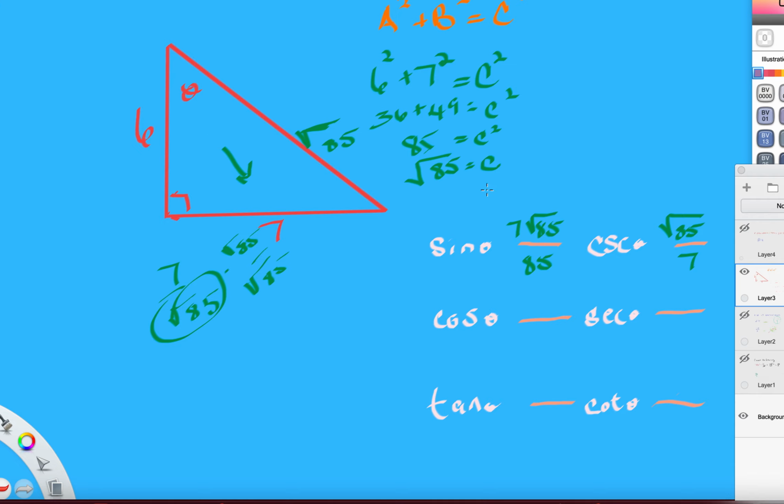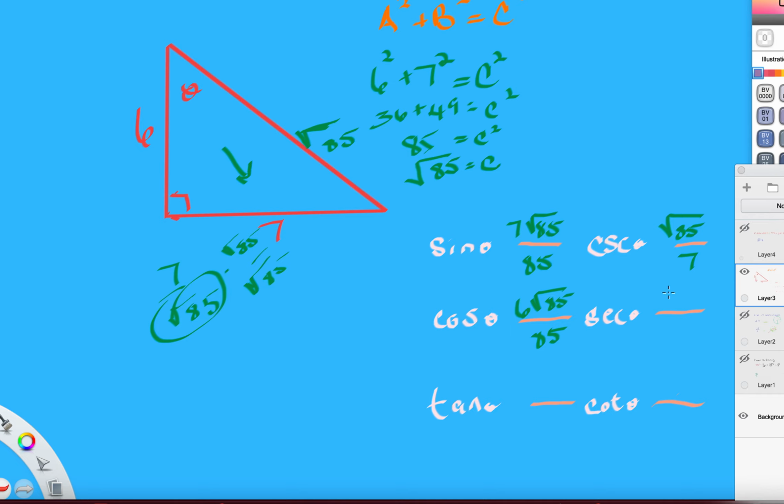Now, my adjacent side is 6, so I'm going to just write this just as I wrote the other one. 6 times root 85 over 85. Right? I had to do this same idea like I did with the last one to get rid of the square root in the denominator.